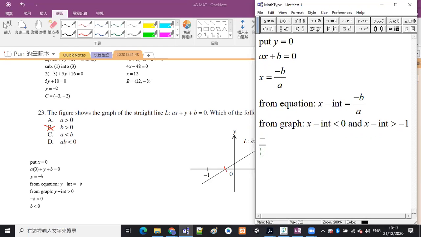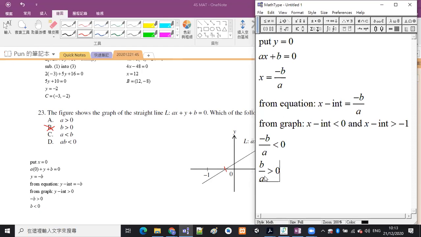Sorry, negative b over a is less than 0. OK，好啦，但係如果係咁嘅話咧，即係 b over a should be larger than 0 啦。OK, just remove the negative sign, right? But we know that we have already found that b itself is less than 0. Okay, from the y-intercept, we know that b is less than 0, which means that the upper part of this fraction should be a negative number.